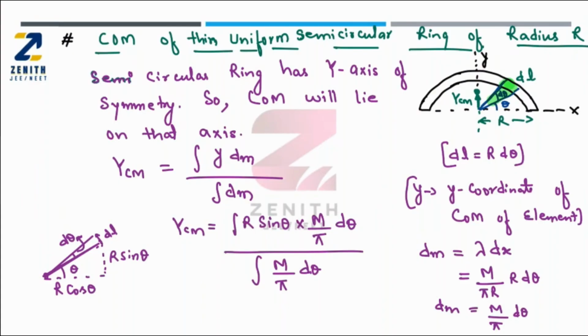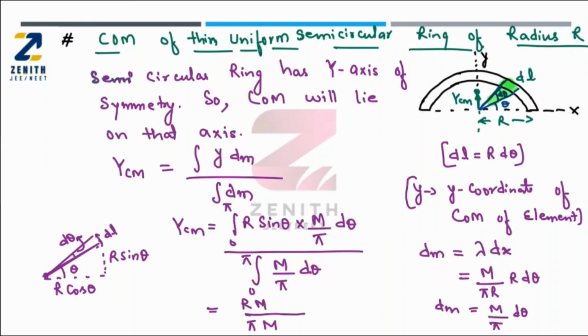Because theta is the only variable, we can say that theta is varying from 0 to pi. So the lower limit is 0 and the upper limit is pi. Now if you integrate m by pi d theta, this is nothing but r, and m by pi I can take as common.